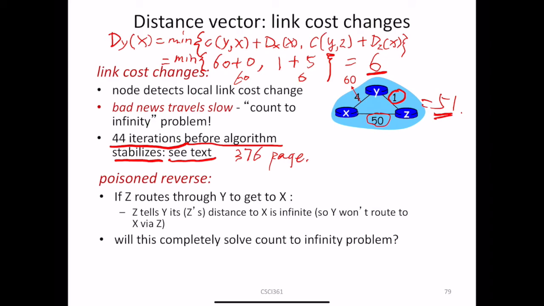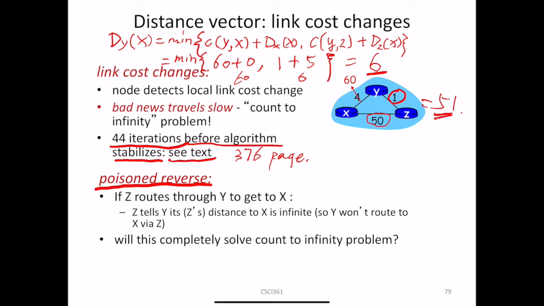However, how do we address this count to infinity problem? Actually, we have a solution. We call it poisoned reverse. So how does this work? If z routes through y to get to x, then z will tell y that z's distance to x is infinite.